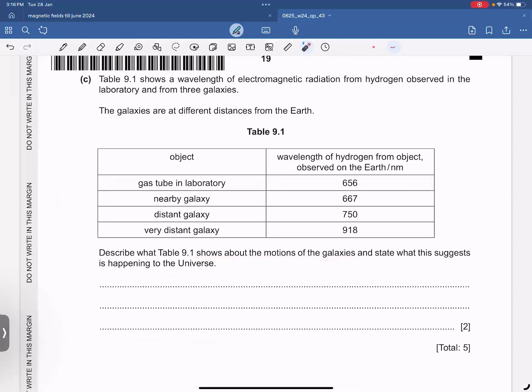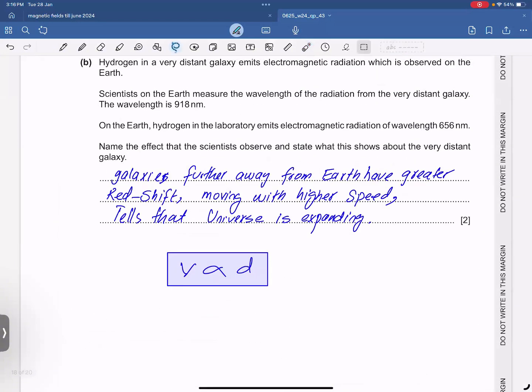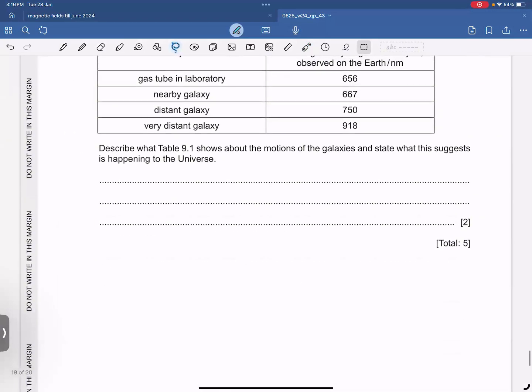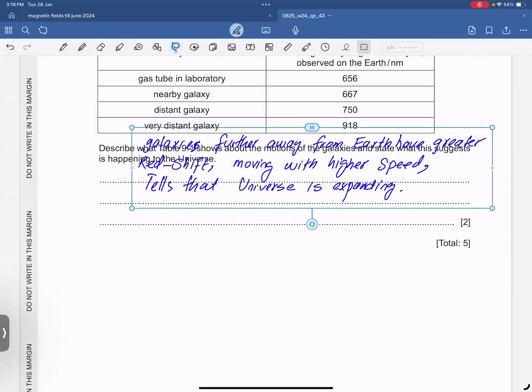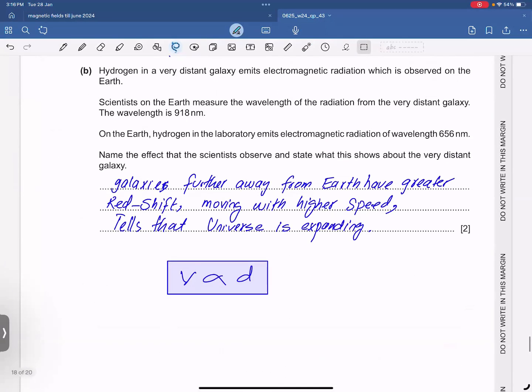Actually, this is what I told you. The more the redshift, the more the speed. So the previous answer, what I told you, can be brought here. I didn't know that they would ask this question in 2 parts. So the further the galaxies, the more the redshift.